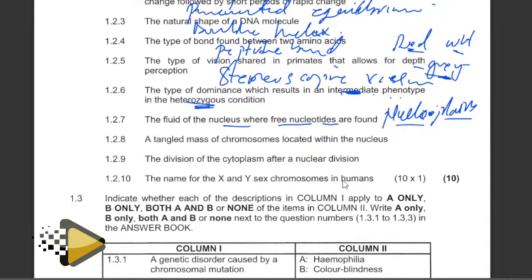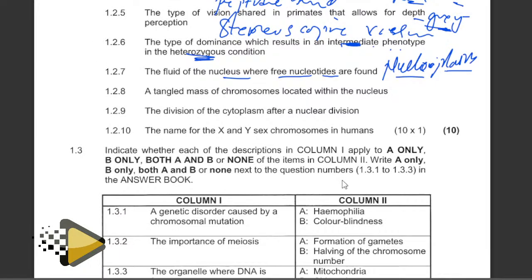Then you are saying that the tangled mass of chromosomes located within the nucleus, we call this one chromatin network. So here is chromatin network.